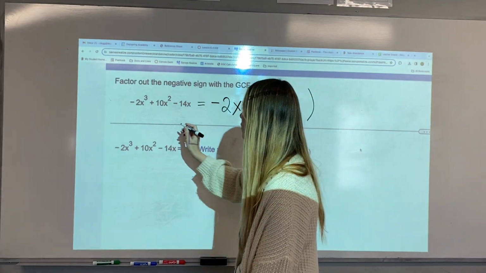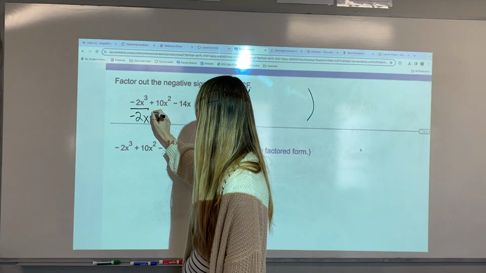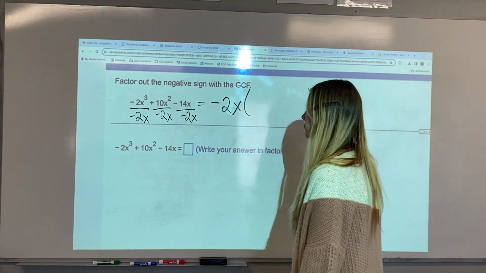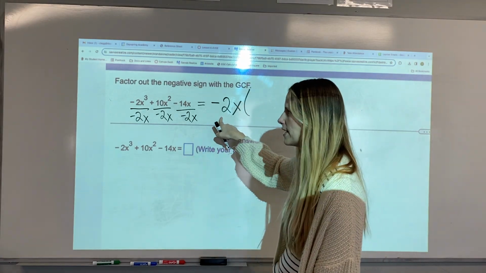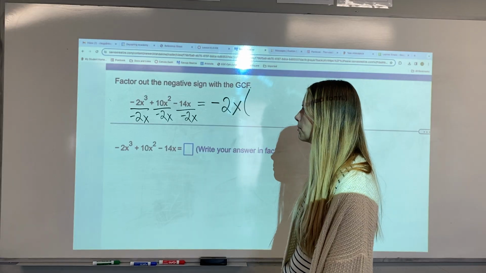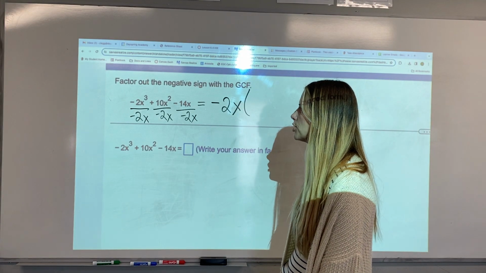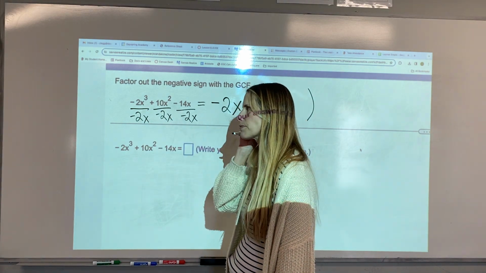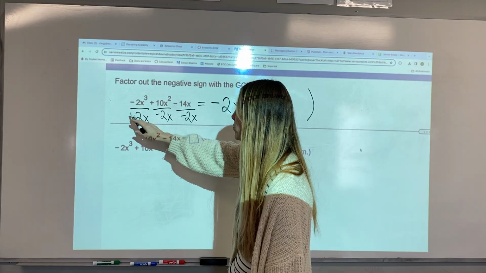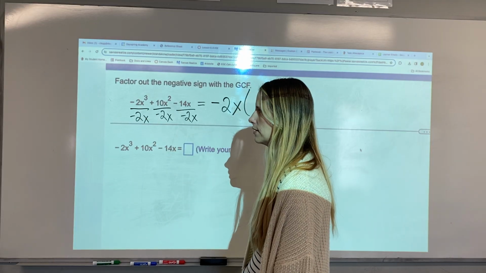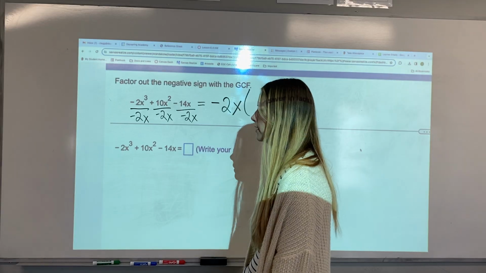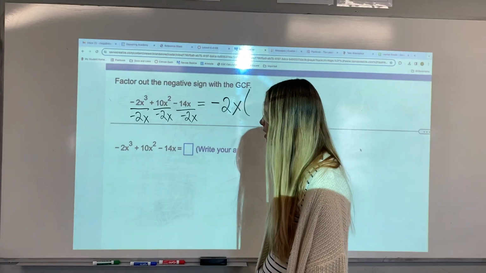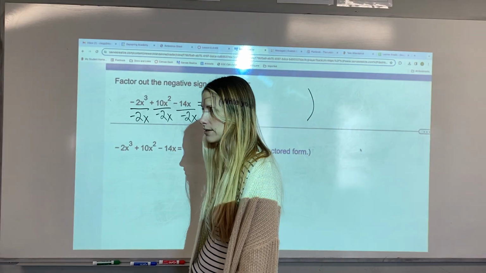Once you get your GCF, divide, set it up so that you're dividing each term by your GCF, remembering to include that negative that you factored out. That's simply going to adjust each sign here and flip it. Switch it. Because we have a -2 divided by a -2, that's +1, or we could say it cancels, right? Are you guys with me here? Yeah. Okay. So -2 over -2 cancels out.